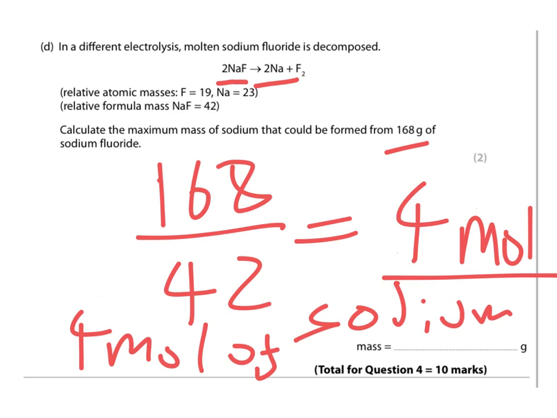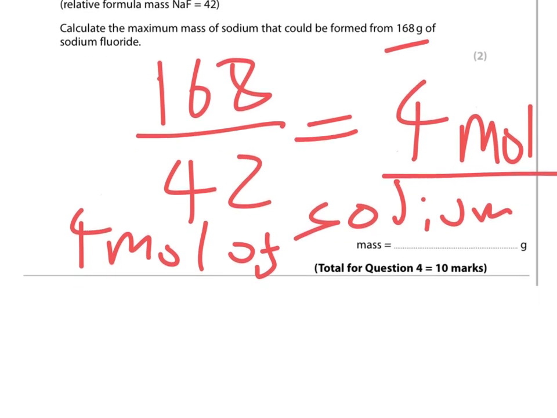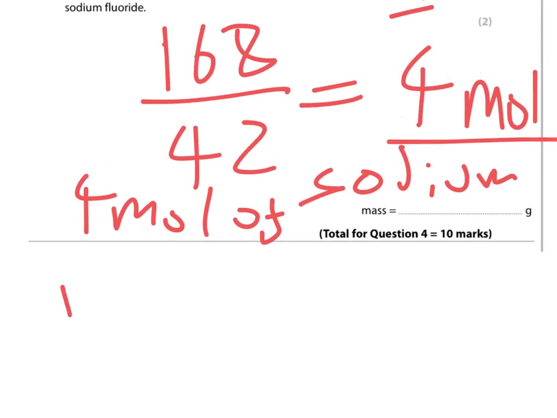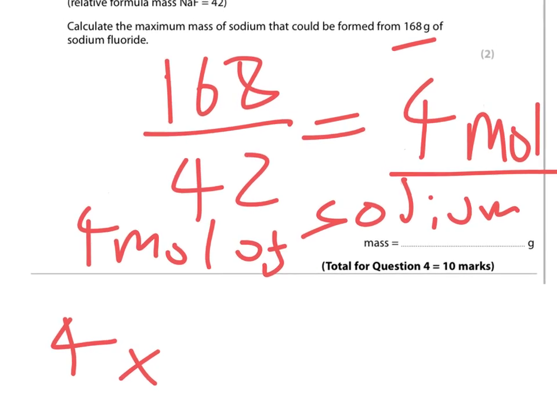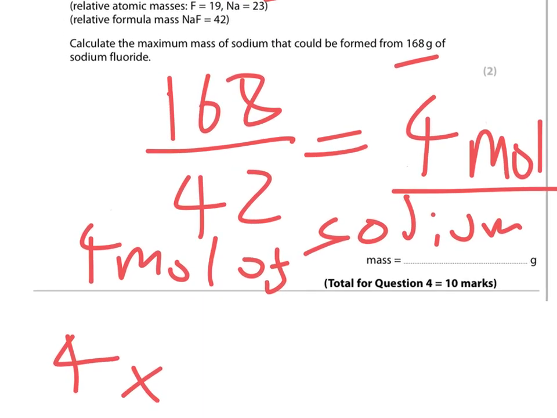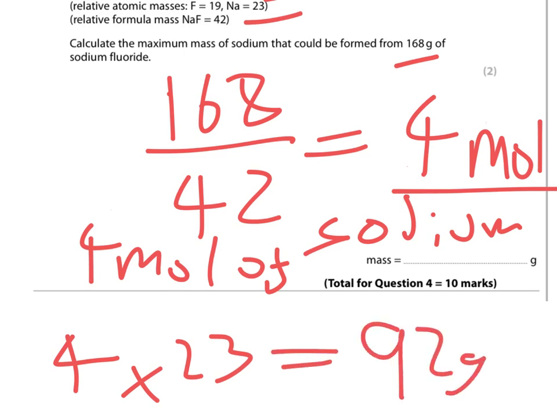To work out the mass of sodium, the mass is just the moles times its relative atomic mass. So we've got 4 moles times the relative atomic mass, which was over here, 23, so 4 times 23 equals 92 grams.